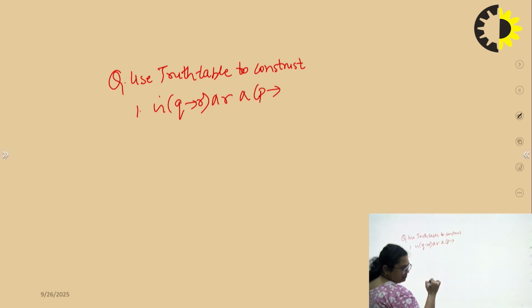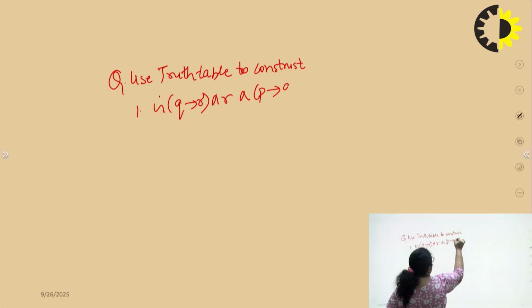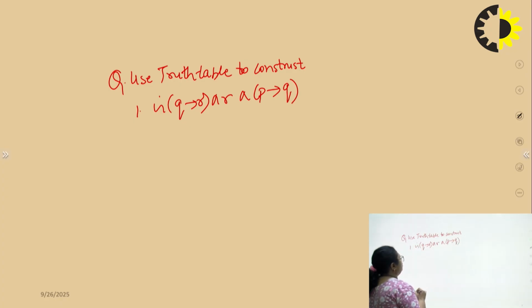So we have to construct the truth table for this question. Now we have three variables P, Q and R. For constructing the truth table, with three variables we have 2 to the power 3 total cases.